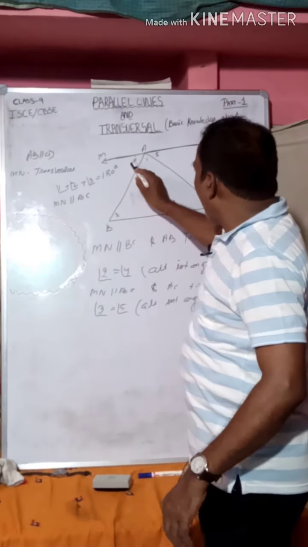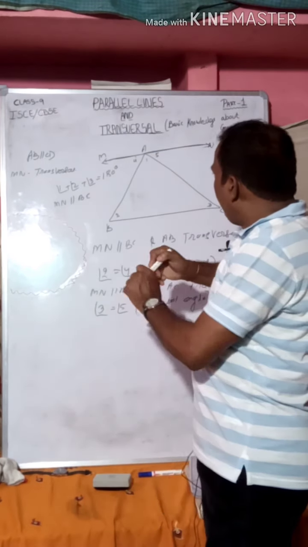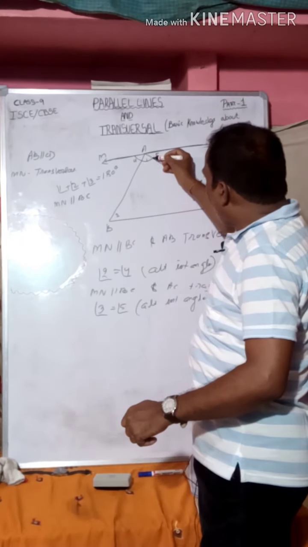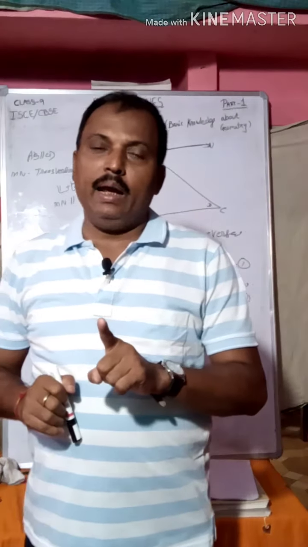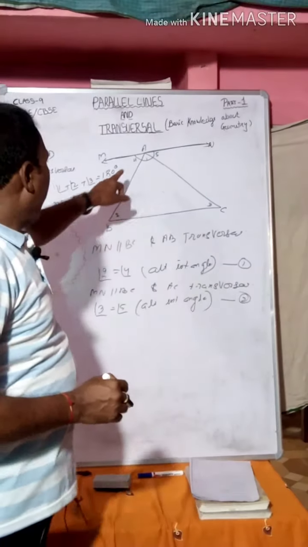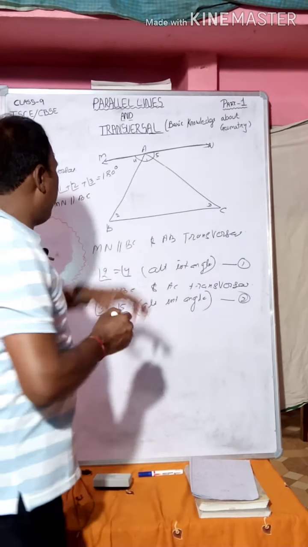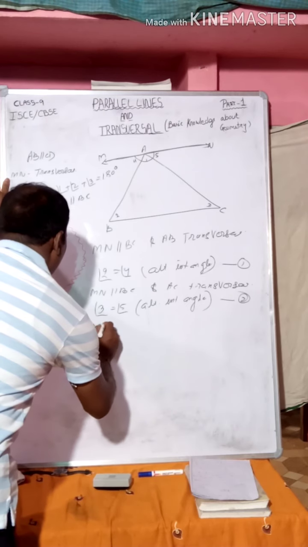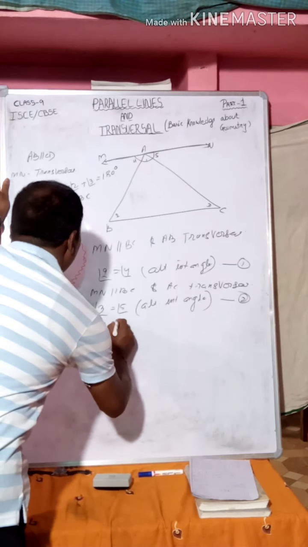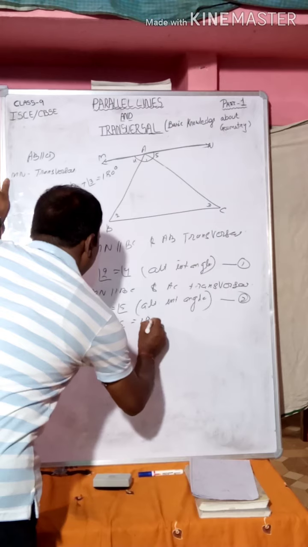So angle 4 plus 1 plus 5, these three angles make one protractor angle, that is 180 degrees. We can write angle 4 plus angle 1 plus angle 5 is equal to 180. Why?